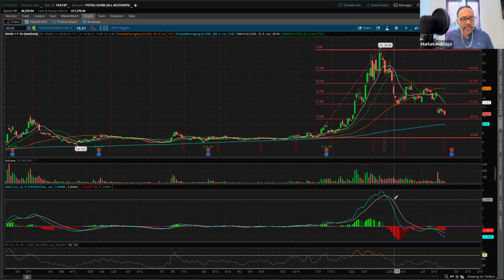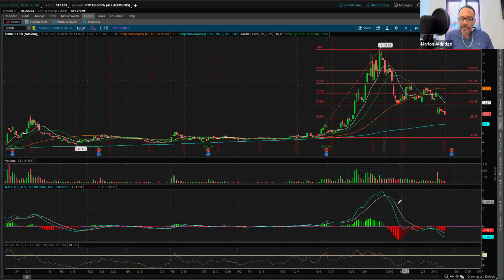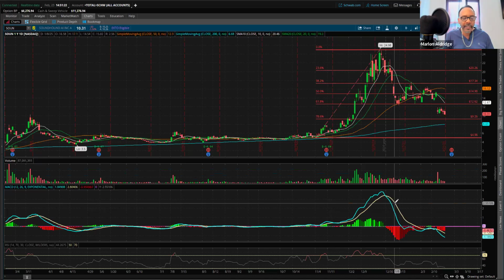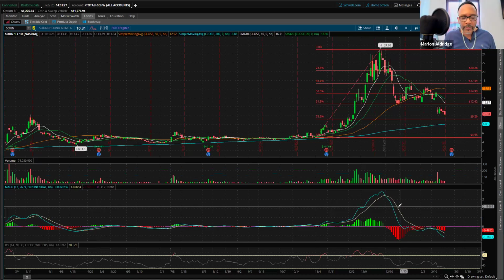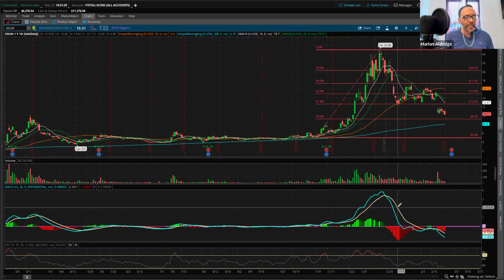The yellow line is what they call the signal line, and it is the average of the 12 period exponential moving average and the 26 period moving average.